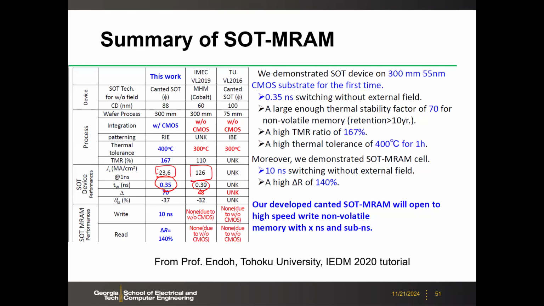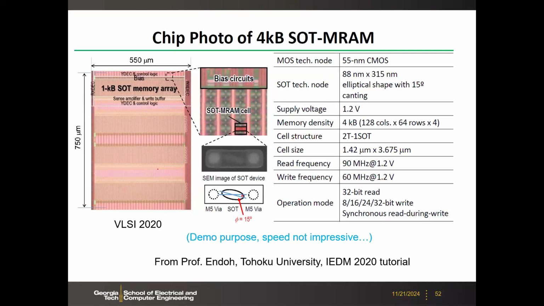We need 1 megaamp per square centimeter, but this is like 20 or even 100 megaamp. It's still far away from any practical application. Even though this one could be faster in principle, the current density is still too high. It's very power hungry, so I don't see the commercial benefits right now. Here's a chip level demonstration, and I'll skip that.